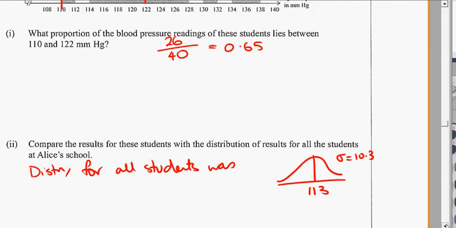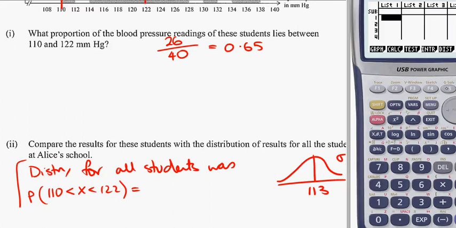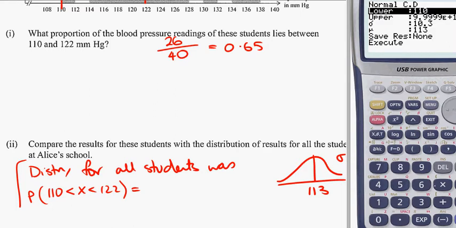What would be interesting to do is to find the probability for this group, it's the whole group, of having a reading between 110 and 122. I can see for these students it was 0.65, so I wonder what it is for these ones. Lower bound is the same, upper bound of 122, everything else is the same.